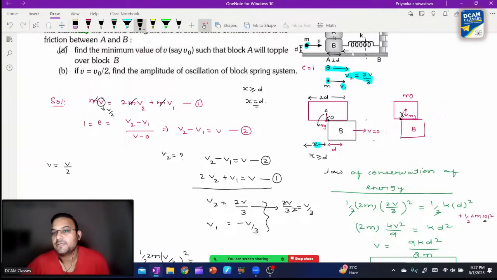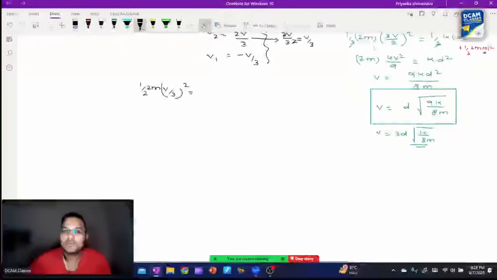Full compression will be there, x max. That is called the amplitude, because it will move like this, fully compressed, then come back, then move to the left. So at the moment of maximum compression, the velocity should be equal to 0. So in this particular case, half into 2m into v square is equal to half into k into x max square.